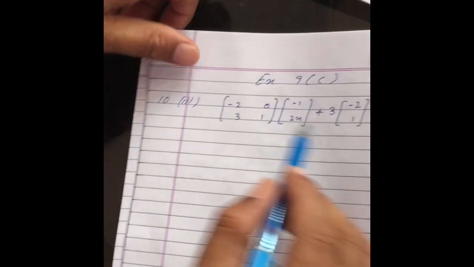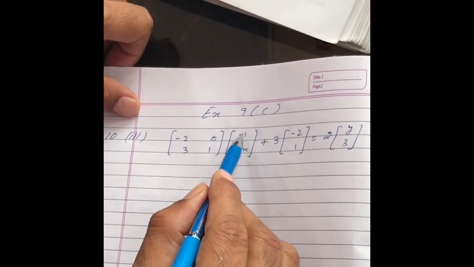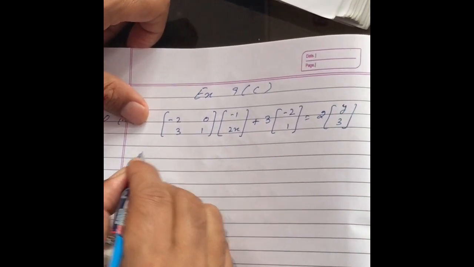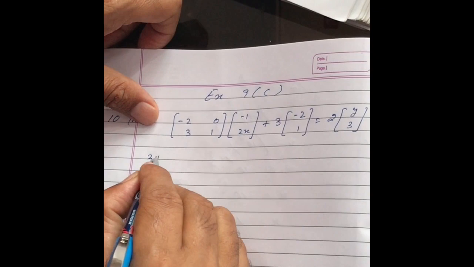First I multiply the first row with the first column: -2 into -1 is 2, 0 into 2x is 0.